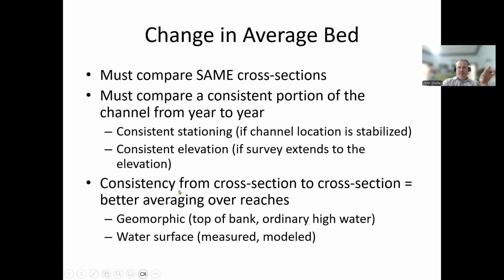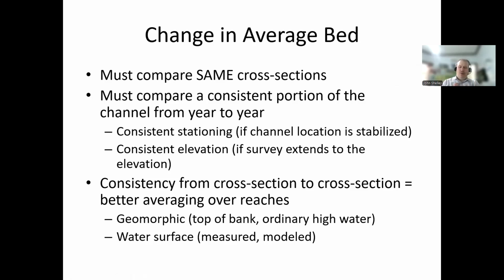The next is consistency from cross-section to cross-section. So if I'm going to take the average bed change in many cross-sections, for instance, I'm looking for how much bed change occurred over a 5-mile reach of river, then my definition for the top of the analysis, the top of bank or however far up the channel I'm using, should be consistent from cross-section to cross-section.